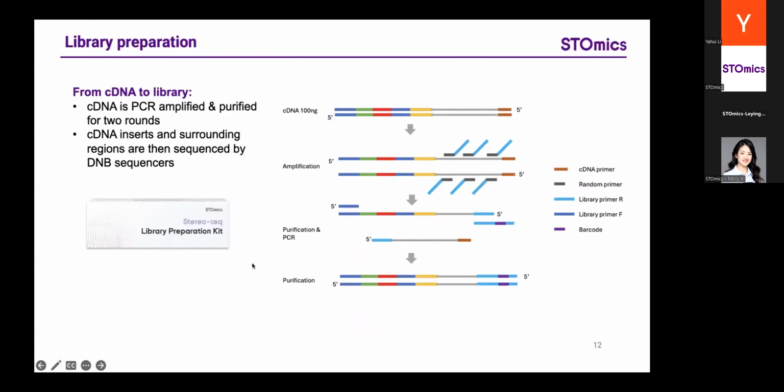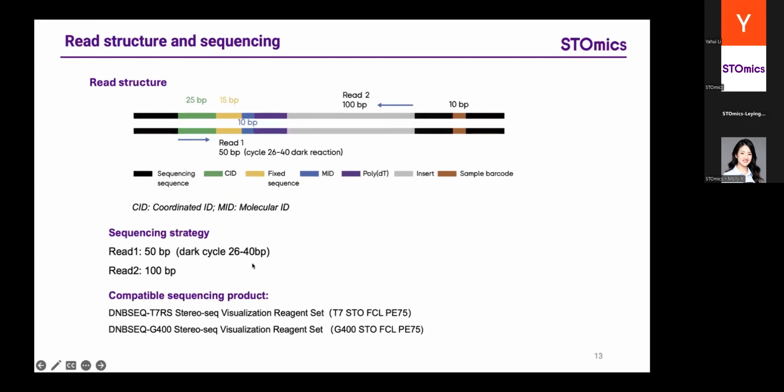Here, I want to elaborate a bit more on the library and the sequencing reads. This diagram shows the library preparation process. The cDNA is PCR amplified and purified for 2 rounds, and cDNA inserts and the surrounding barcodes are then sequenced by the DNB sequencers. This is what the sequencing read looks like.